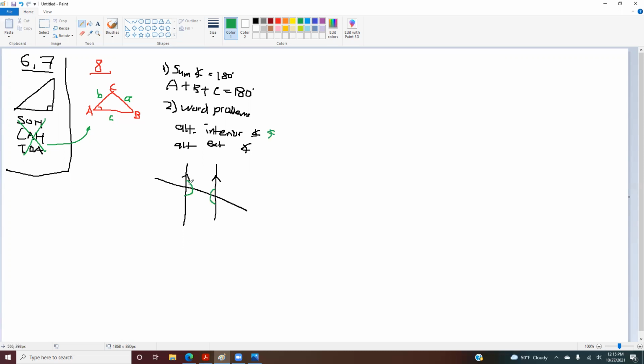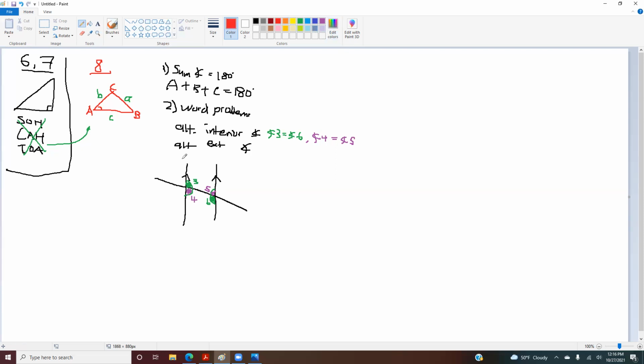So for example, angle 3 and angle 6 are the same. This is the meaning of alternate interior angles. And also angle 4 and angle 5 are the same.